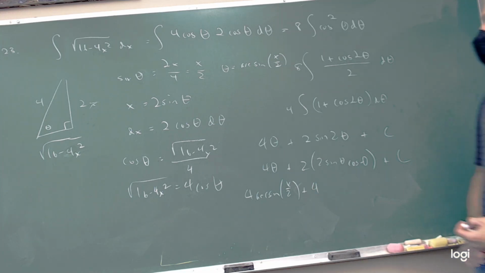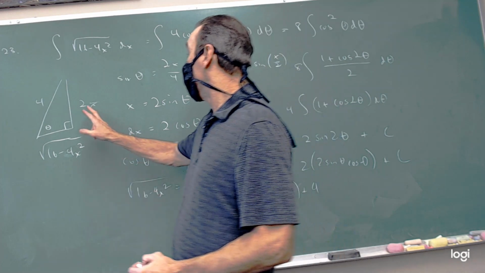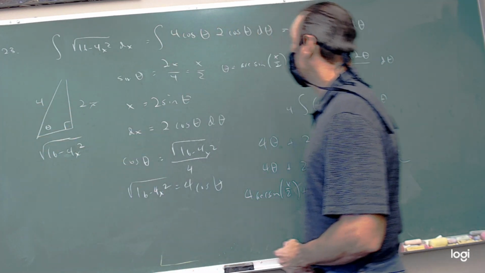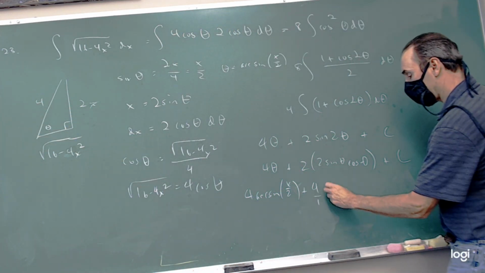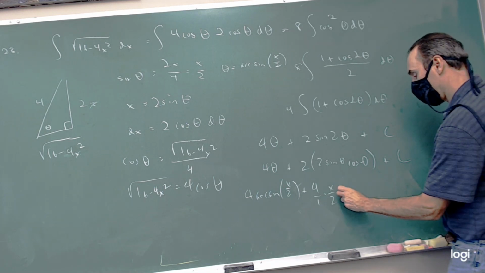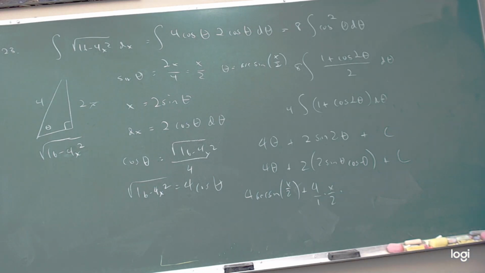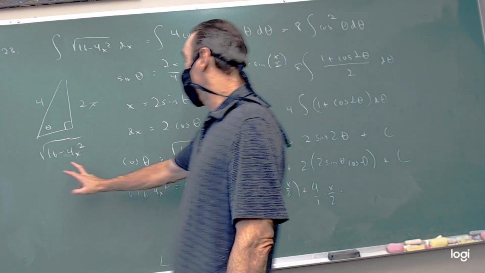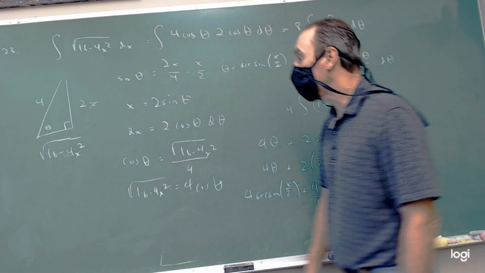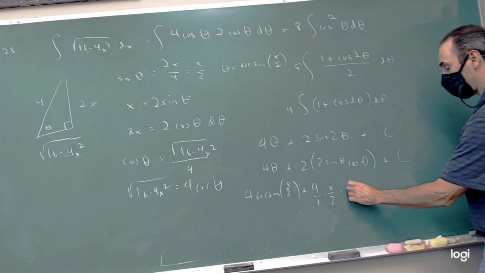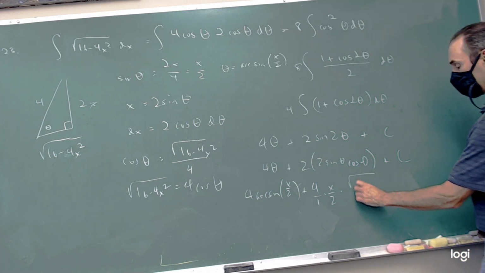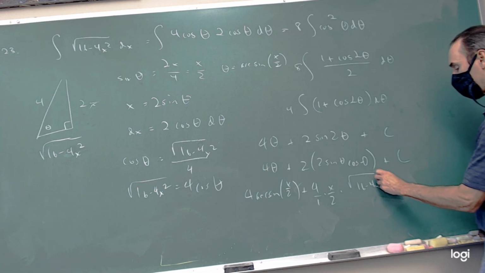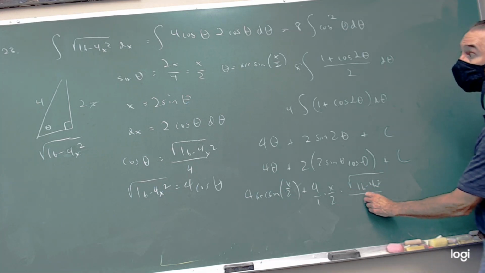And sine theta is opposite over hypotenuse, which we said was x over 2. And cosine theta is adjacent over hypotenuse. It's going to be the square root of 16 minus 4x squared all over 4.